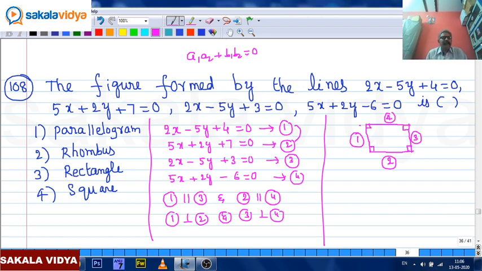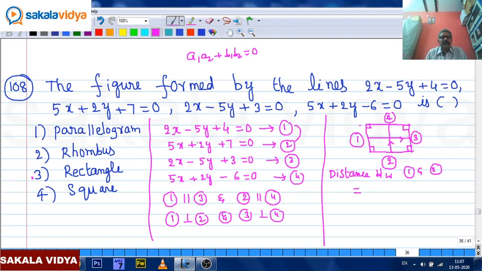At present it may be a rectangle or a square, we need to check. That means the distance between 1 and 3 and the distance between 2 and 4 we need to find out.